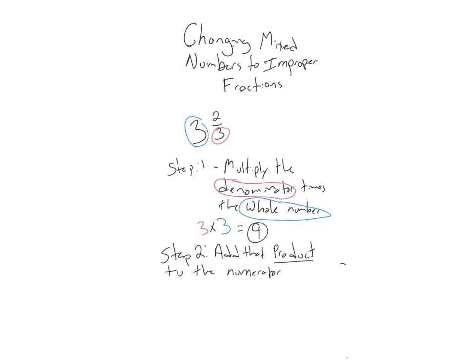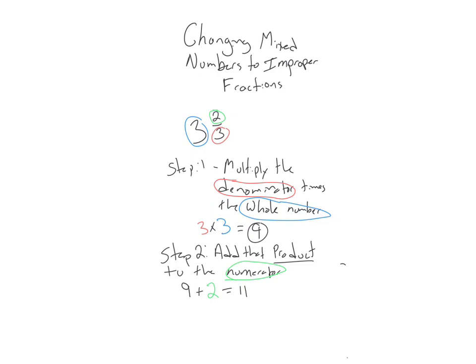In this case, we are going to do 9 plus the numerator. So 9 plus 2 to get 11.